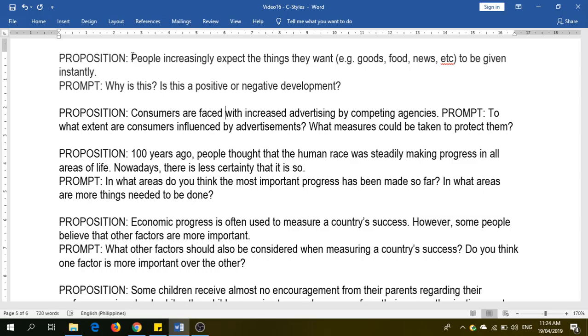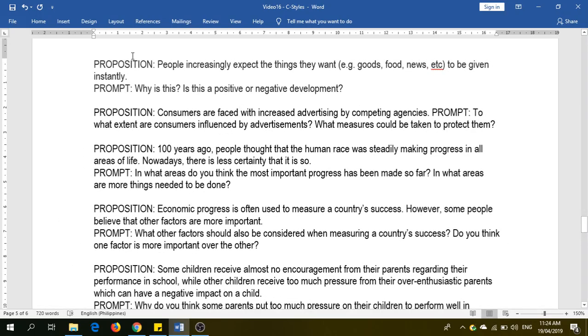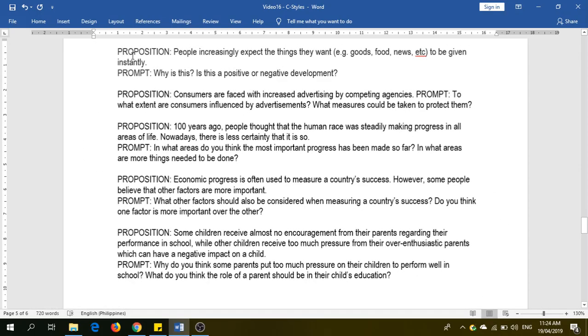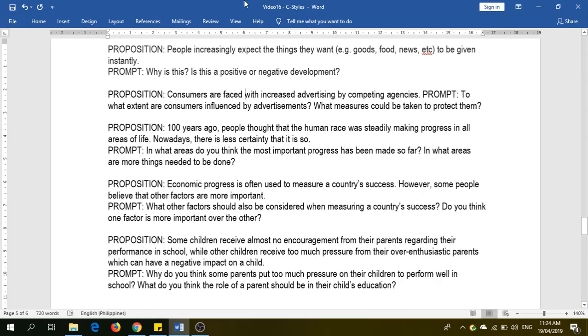And then the next one, consumers are faced with increasing advertising by competing agencies. To what extent are consumers influenced by advertisements, and what measures could be taken to protect them? So this is clearly a crossover, particularly because of the to what extent phrase.